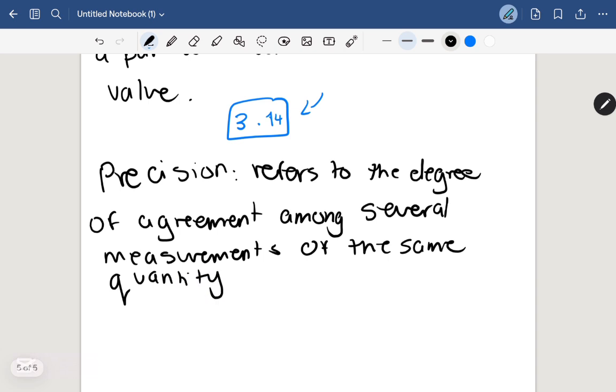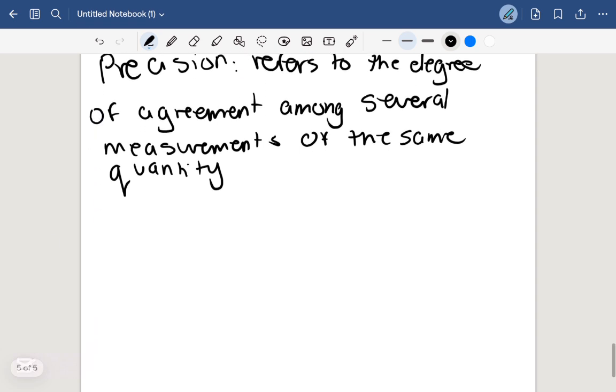So, for example, you did an experiment and you want to check how precise your experiment is. In order to do that, you're going to repeat your experiment many times, okay? And you're going to take the same measurement. If it's the same among all of the times, then definitely for sure your experiment is precise.